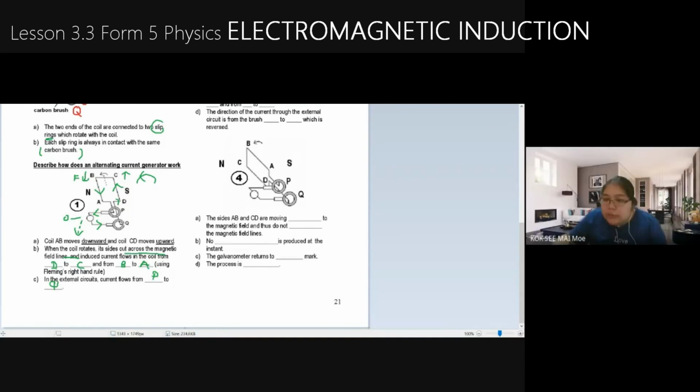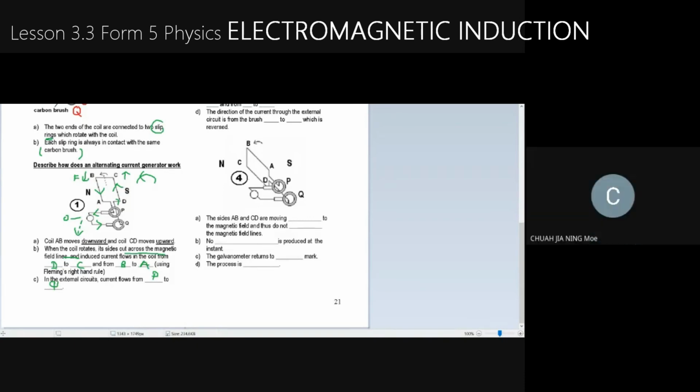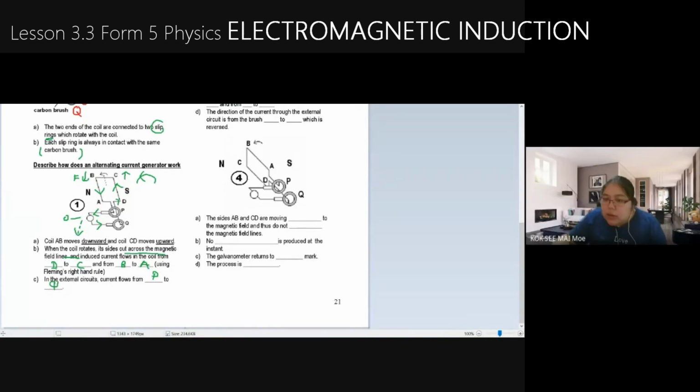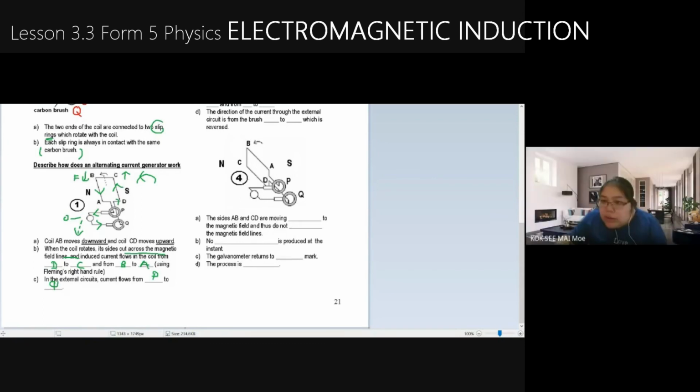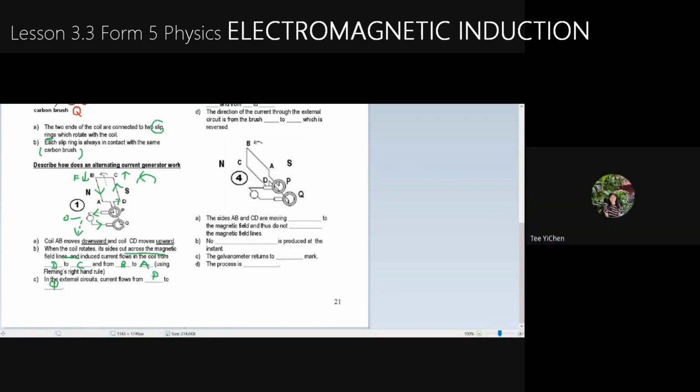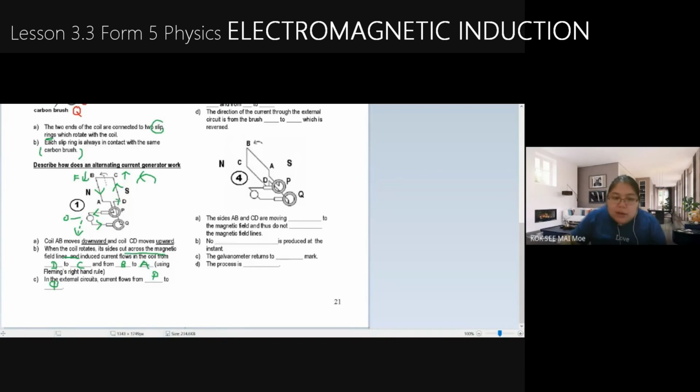Got. Then do you understand the first diagram? Understand. Okay, so I continue. Ji Hui Ni, got mic or not? You just came in. No. Then do you understand or not? Understand. So I continue.